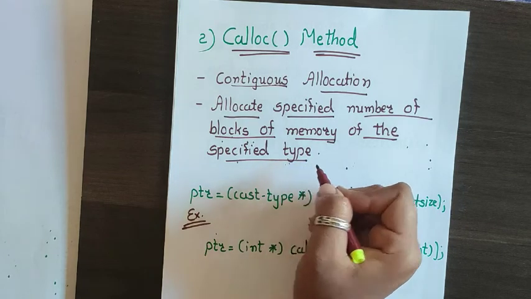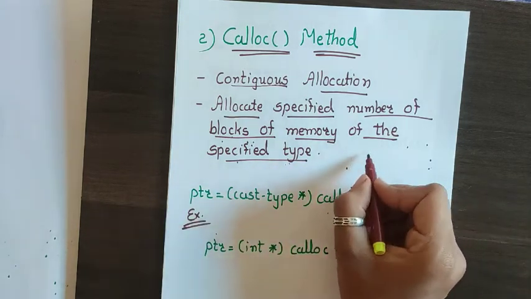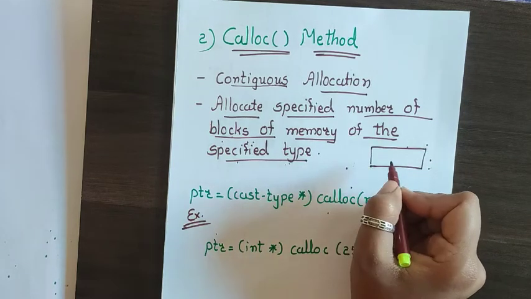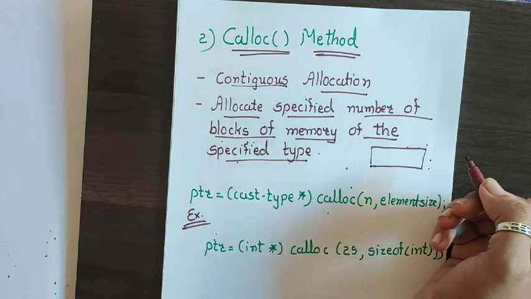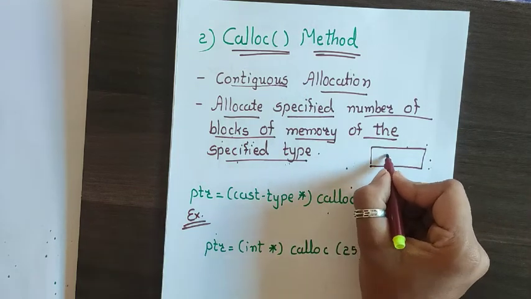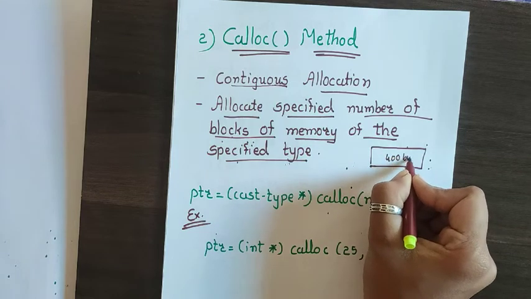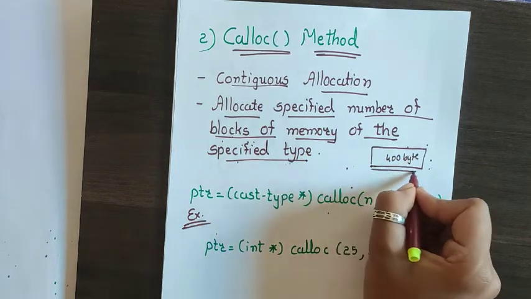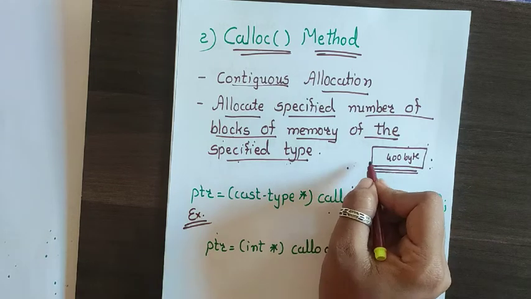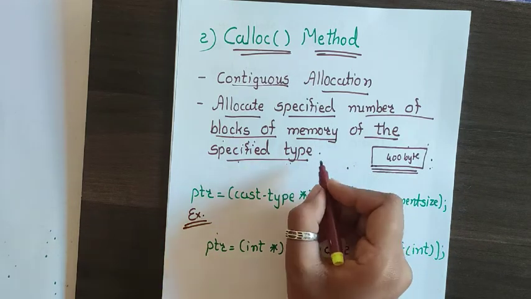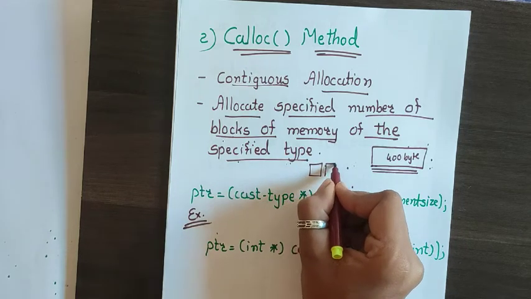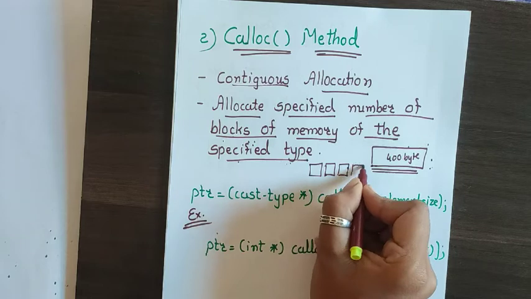In malloc, if you see, it will provide only one block of your needed size. In the previous example we saw 400 bytes, and it provides only one block of 400 bytes. Calloc gives a number of blocks, and we choose that number.